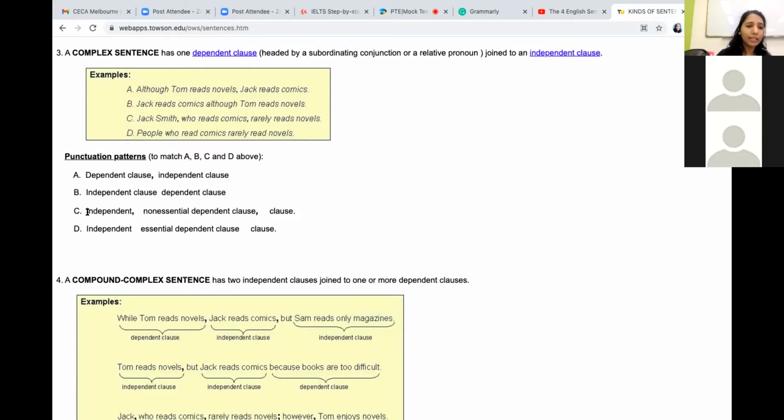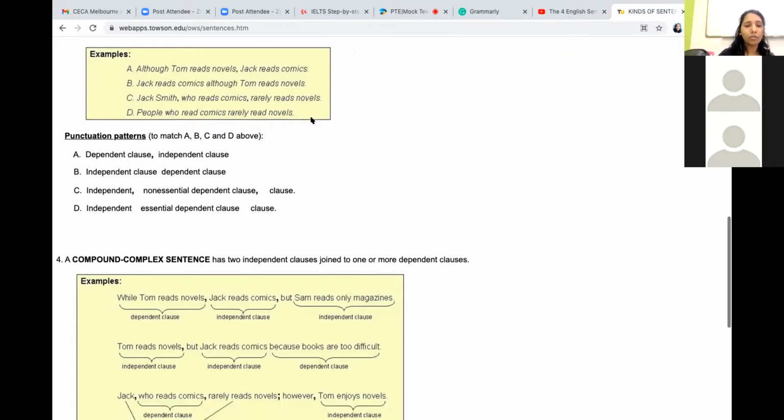So if you look at the third style of sentence, you put your independent clause, a non-essential dependent clause. That means who reads comics is actually non-essential. Jack Smith rarely reads novels is enough, but here they're giving more information. So this is a non-essential dependent clause. Jack Smith, who reads comics, and then comma again, and rarely reads novels.